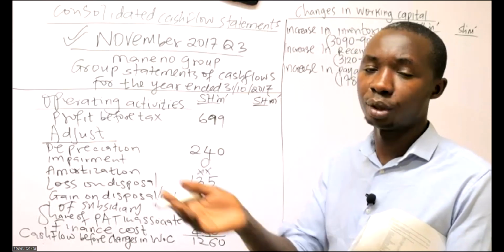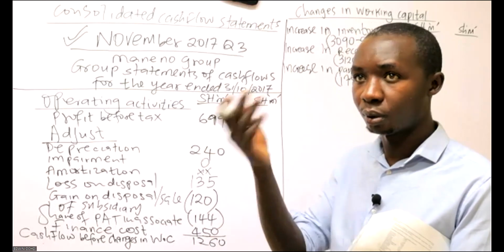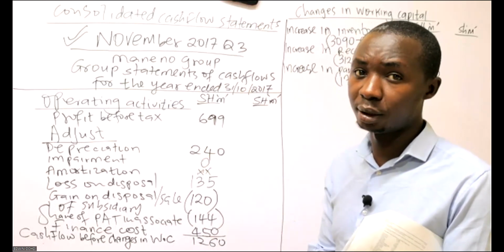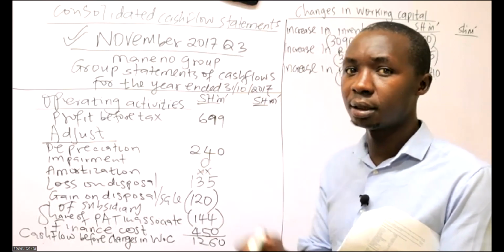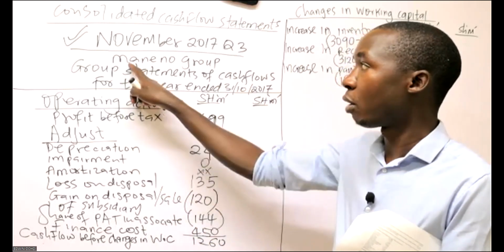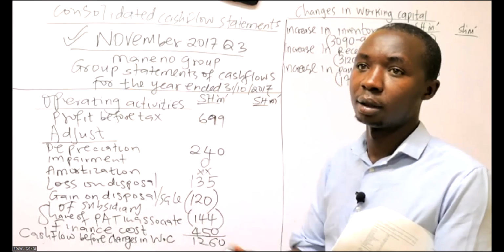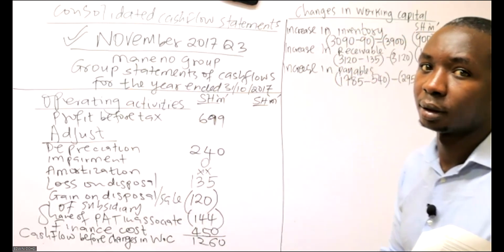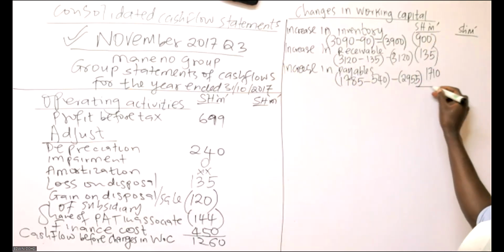There's nothing you have paid. When the liabilities go down is when I could say that I have paid the liabilities, and that is when I would have deducted on the decrease. But now since it's an increase in liabilities for our company, it means that we are getting debts. We have not paid. So we add.